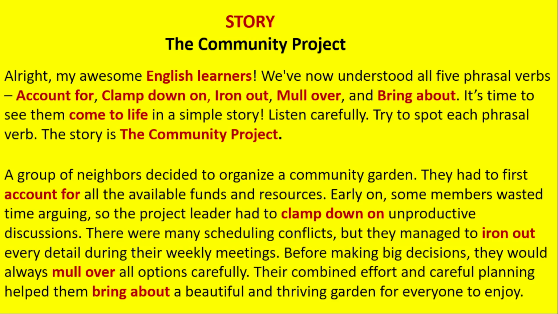There were many scheduling conflicts, but they managed to iron out every detail during their weekly meetings. Before making big decisions, they would always mull over all options carefully. Their combined effort and careful planning helped them bring about a beautiful and thriving garden for everyone to enjoy.